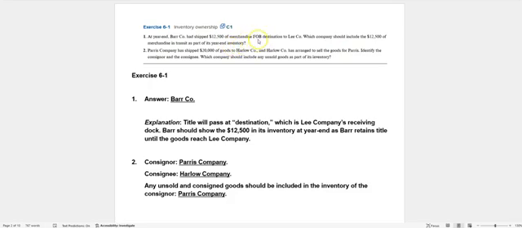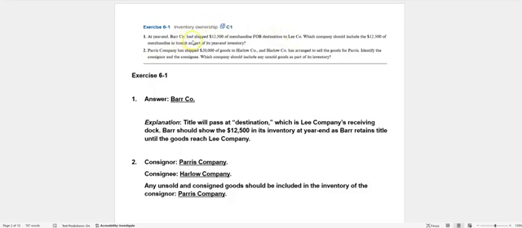The shipping terms are key here. FOB destination means ownership transfers when the inventory arrives at its destination. That means the seller has shipped it, but the seller still owns it while it is in transit. The buyer will not accept ownership until they physically receive it.